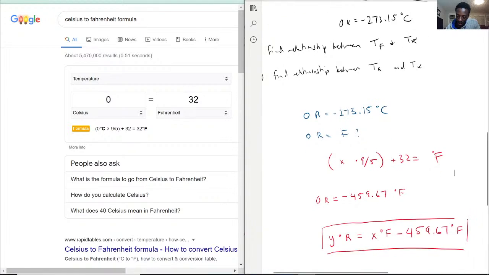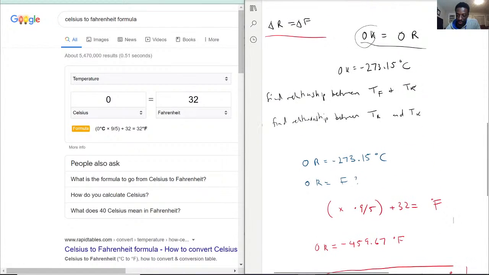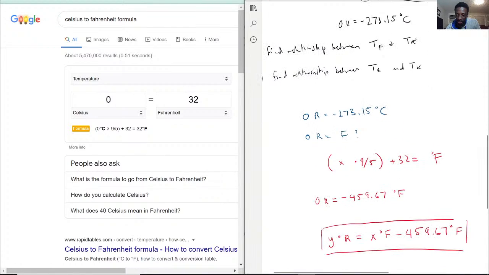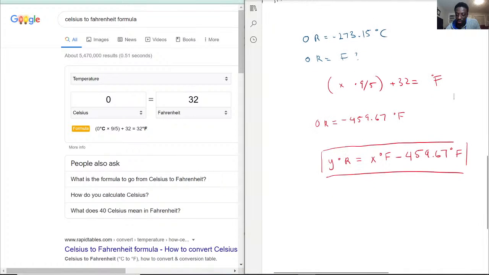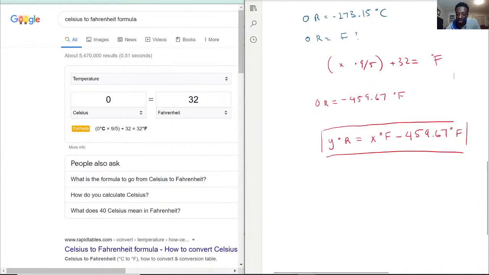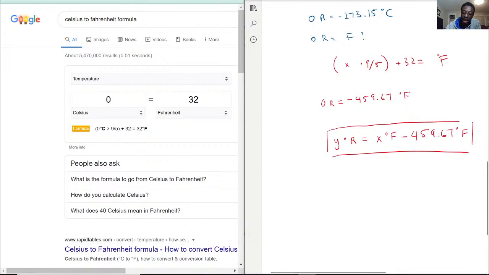So to get that relationship together, we're going to need to replace certain parts. So if you want to compare these in Kelvin, we have to first convert these Fahrenheits back into Celsius. So we have to work step by step.